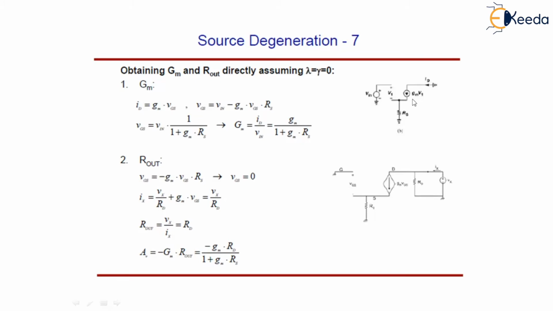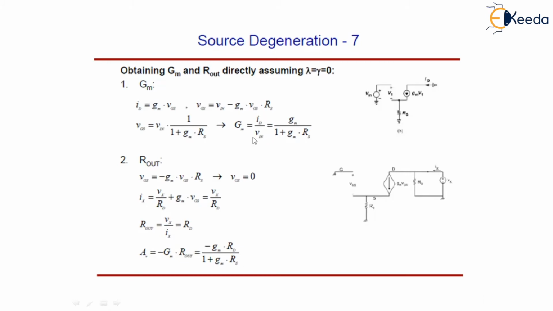So ID equals Gm VGS. VGS can be calculated by using KVL in this loop. VGS equals Vn minus the voltage drop in this branch, that is minus Gm VGS into Rs. Now we can solve these equations and find Gm, the equivalent transconductance, as ID upon Vn.